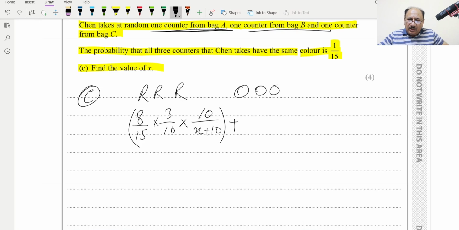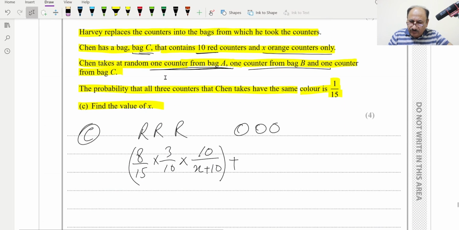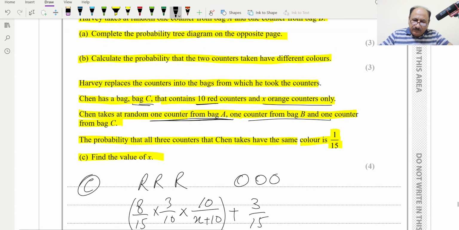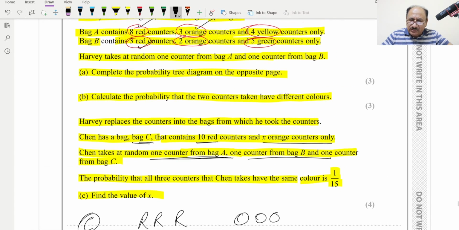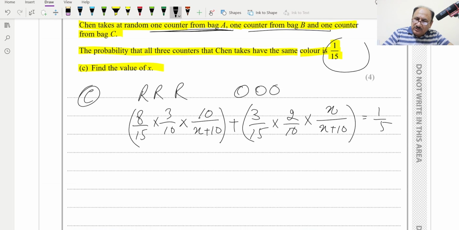And we will add this in orange, orange, orange, and in bag A, there are 3 orange out of 15, so its probability will be 3 out of 15. And in B bag, these are how many? These are 2, so its probability will be 2 out of 10, basically. Total in B are 10, and C is X orange, so X over X plus 10, and we know this is equal to 1 by 5, which is given over here.